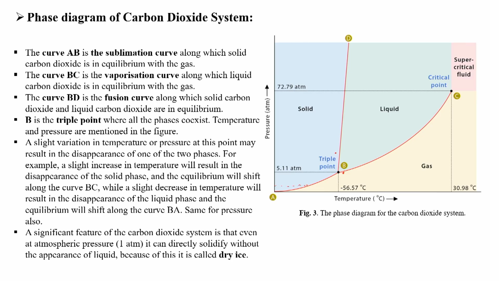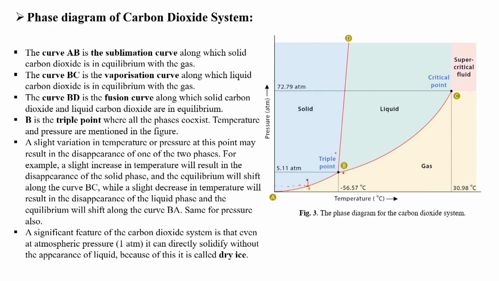If we change the pressure a little bit, we do not get the liquid phase; we get the solid phase. Similarly, if we lower the pressure, we get the gas phase. We don't get liquid carbon dioxide at one atmospheric pressure. That's why it is called dry ice.